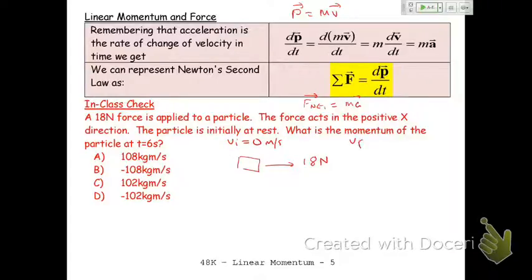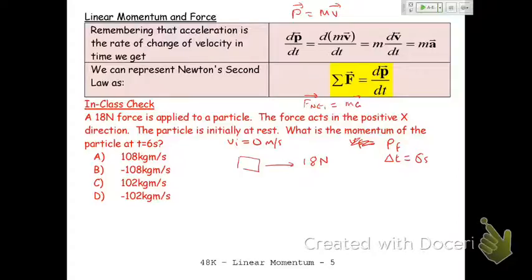So PF at delta T. Let's say delta T equals 6 seconds. It's the time, but let's start the clock off at 0. This says 6. That says 6.